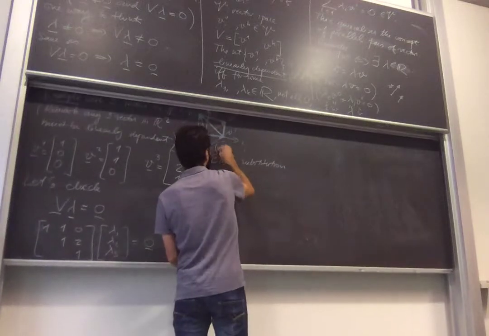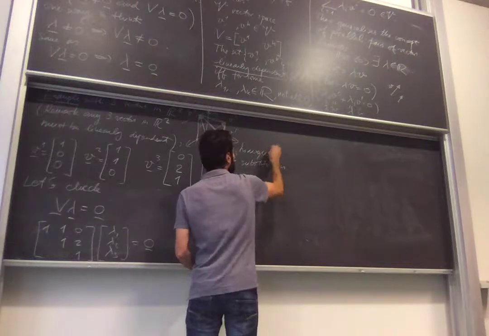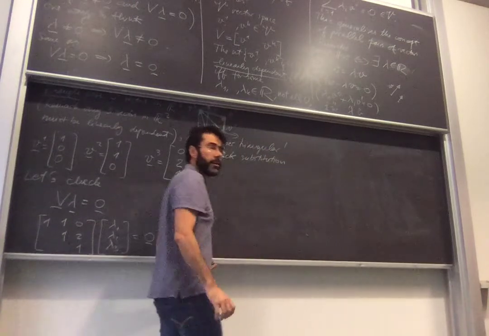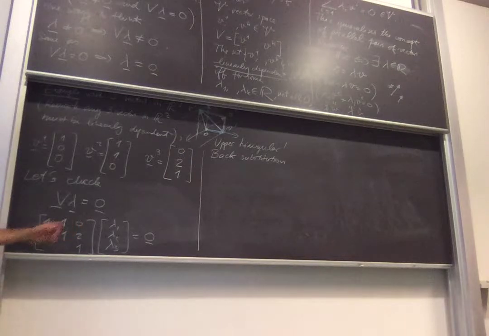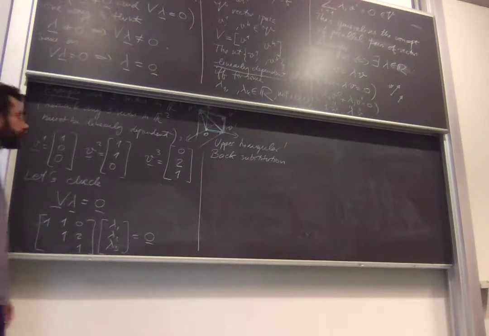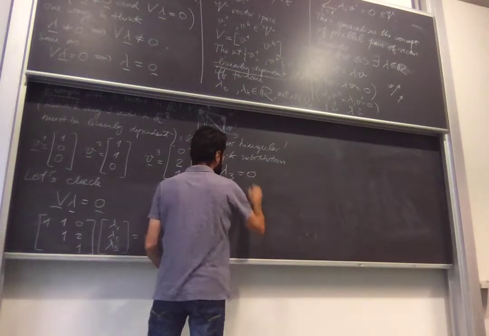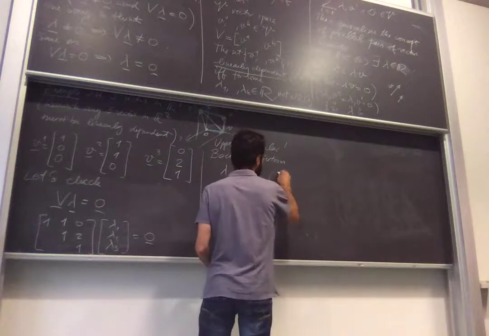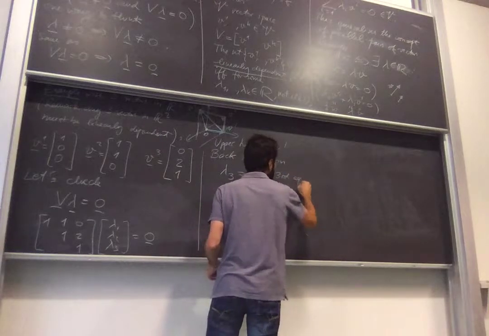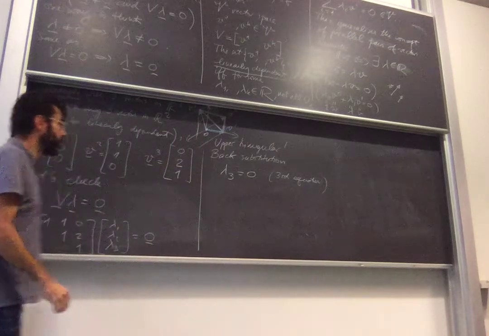This is an upper triangular system, and the answer is back substitution, which is simply to go backwards. So by back substitution, what do we know? We know that lambda 3 is equal to 0. This is the third equation. There's not much to do here. We already know that lambda 3 is equal to 0.